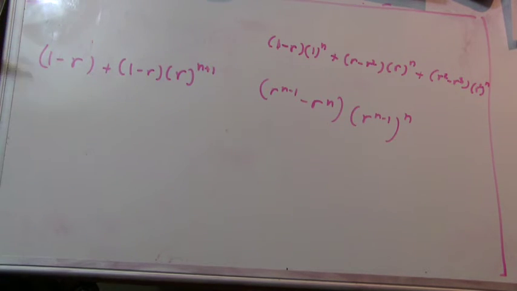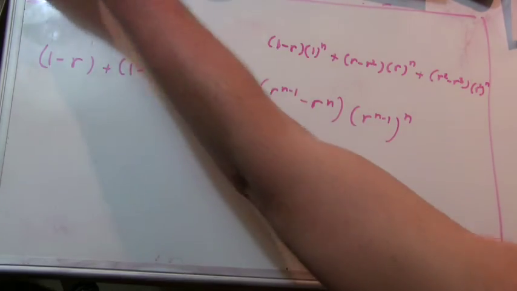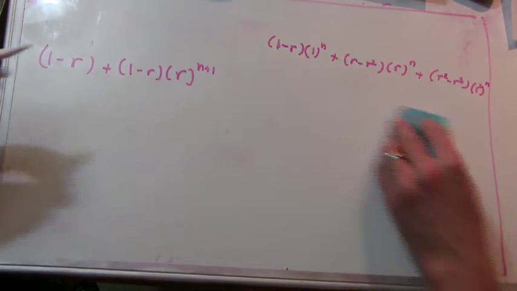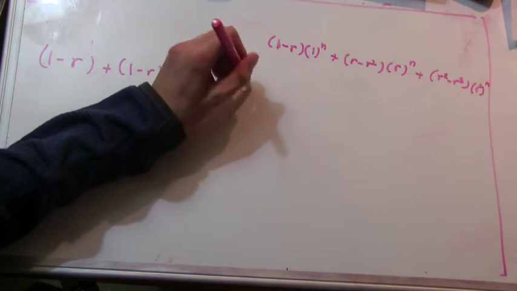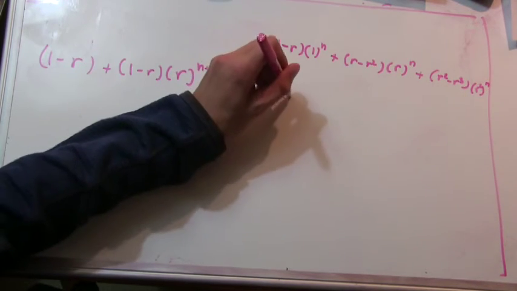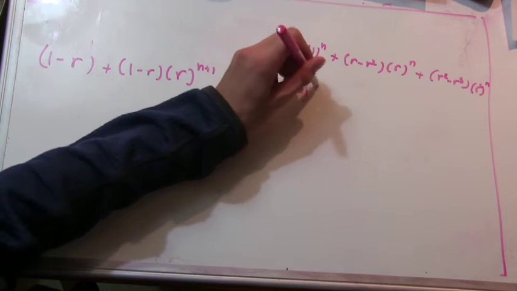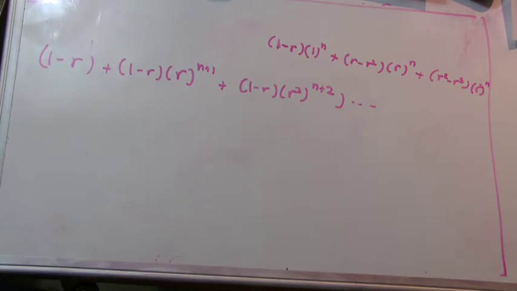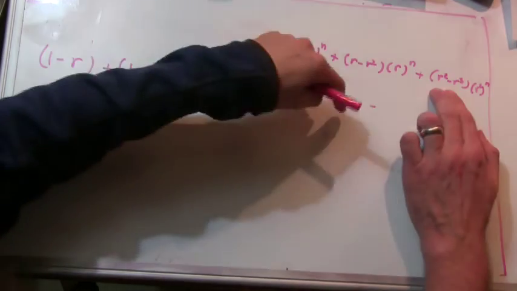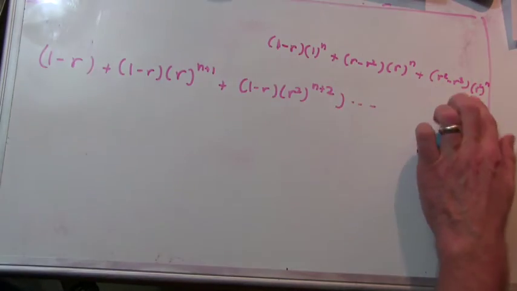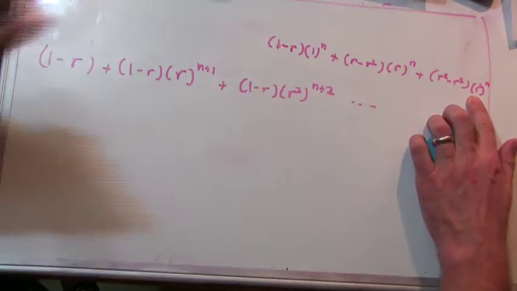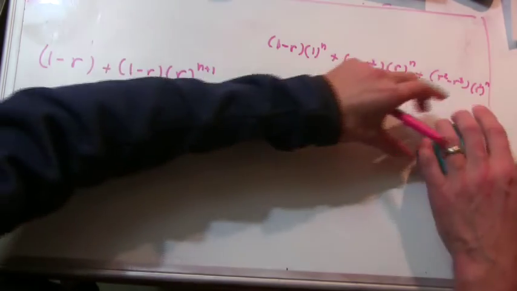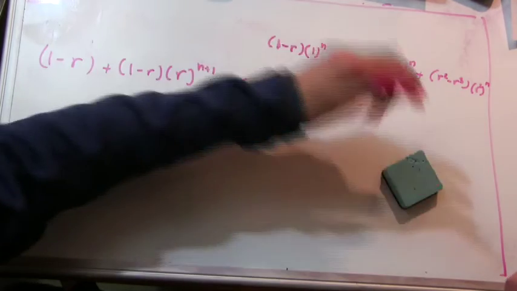And then they do plus 1 minus R, there's R squared to the n plus 2, and then on and on like that. So an R squared comes out of this term here, and there was an R already. Or it's n plus 1. Yeah.